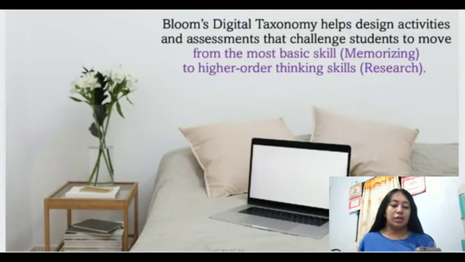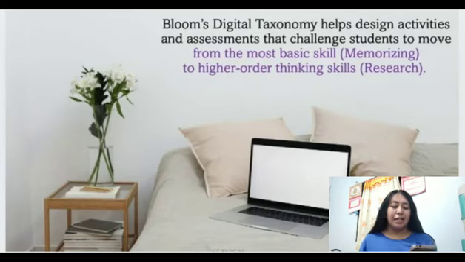Bloom's digital taxonomy helps design activities and assessments that challenge students to move from the most basic skills, memorizing, to higher order thinking skills or research. Bloom's digital taxonomy is a framework that categorizes different levels of cognitive skills required for learning.